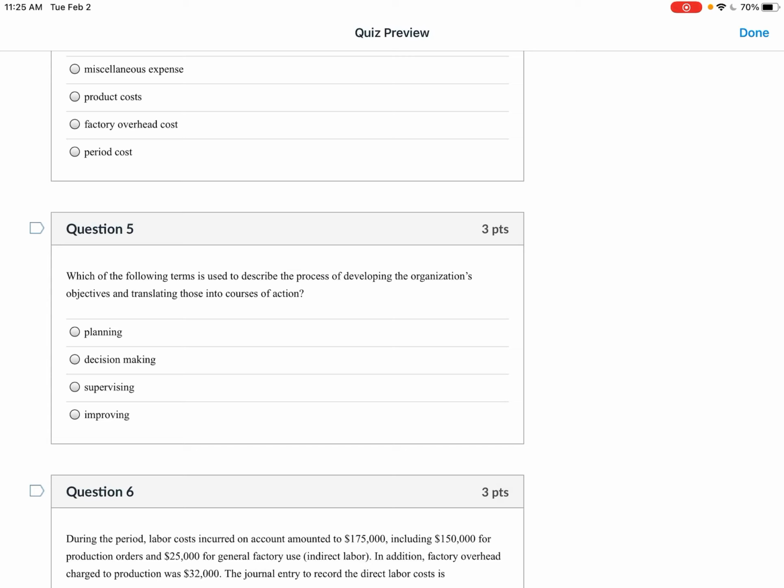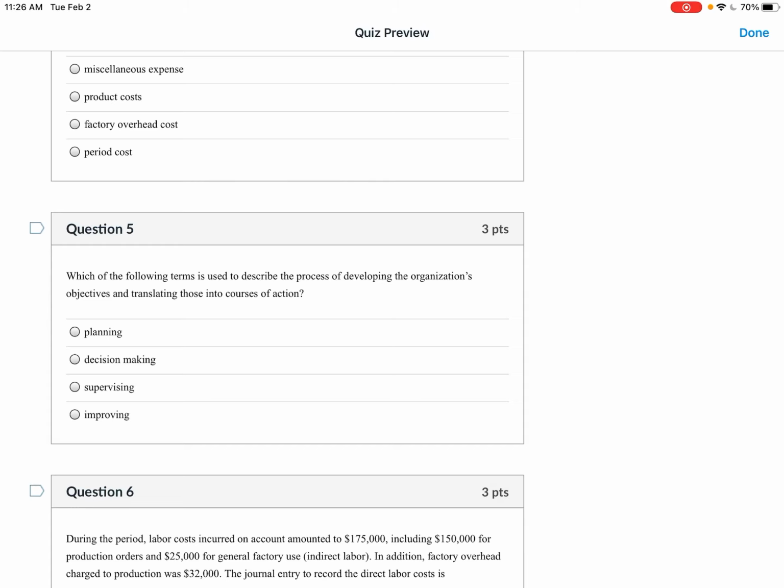Controlling is monitoring the operating results and comparing actual results with expected results. Improving feedback is also used by managers to support continuous process improvement. And decision making is taking all of this information and trying to decide among alternative actions. I'll let you guys figure out which one that is.